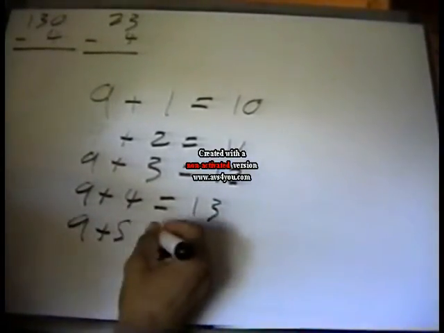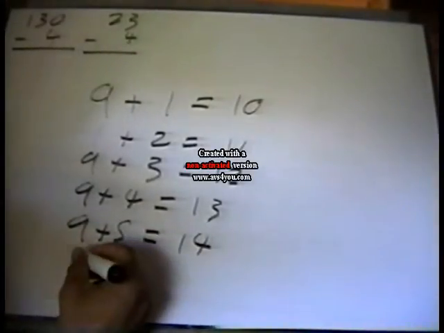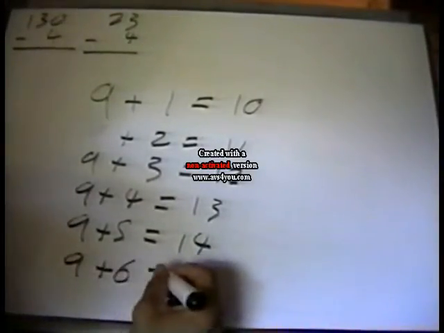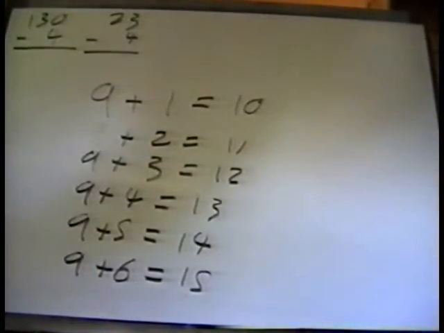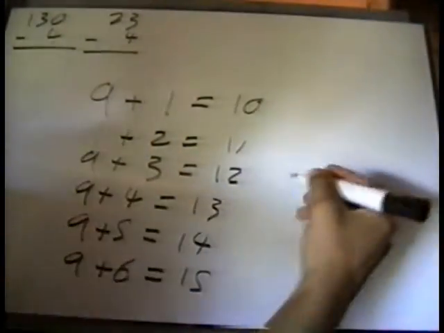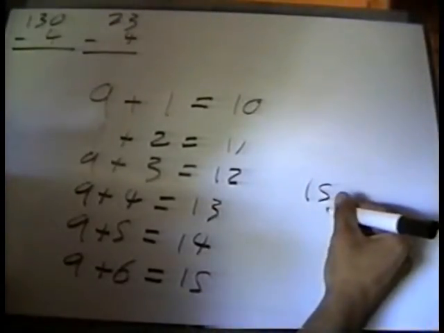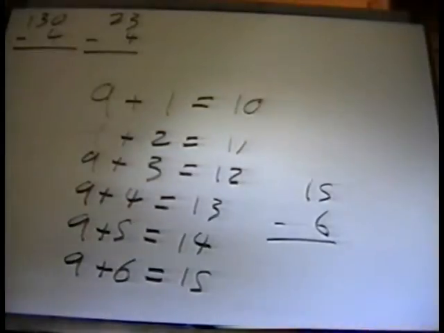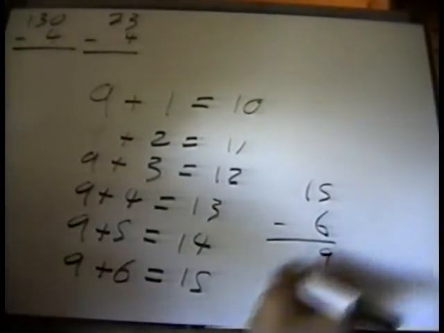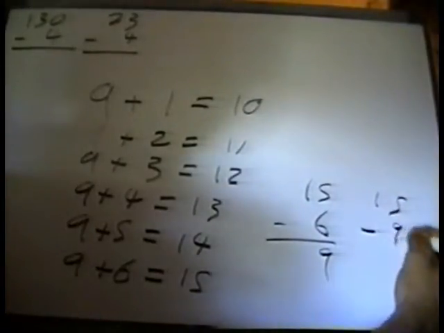9 plus 2 equals 11. 9 plus 3 equals 12. 9 plus 4 is 13. 9 plus 5 is 14. 9 plus 6 is 15. It's important to know these because, for example, let's say you have 15 minus 6.